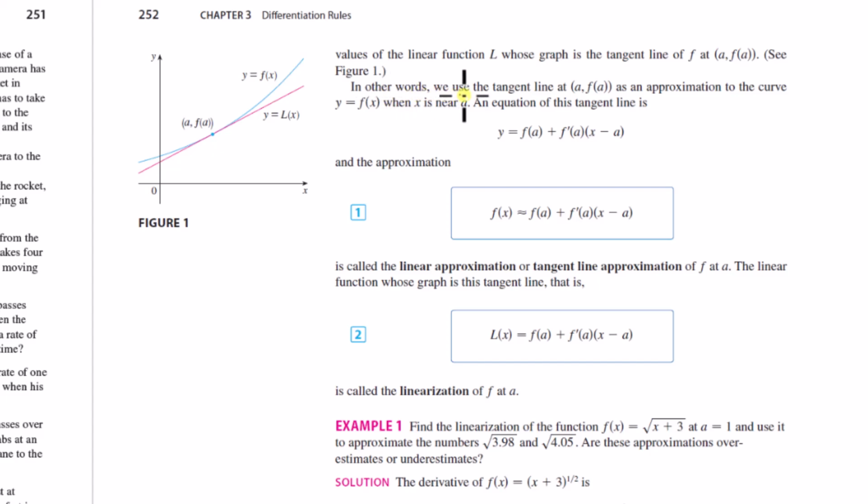Okay, so in other words, we use the tangent line at a, f of a. So this is at the point that we know. Imagine, in a real life situation or in a problem, we can evaluate the function at a equal to 0 and then f of 0. That's easy. But then what if we need to go a little bit from 0, right?